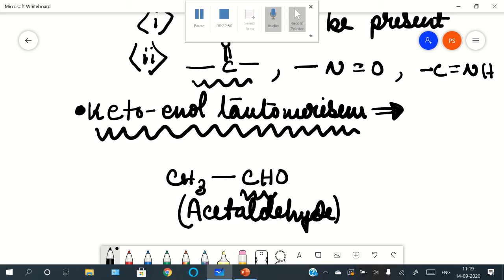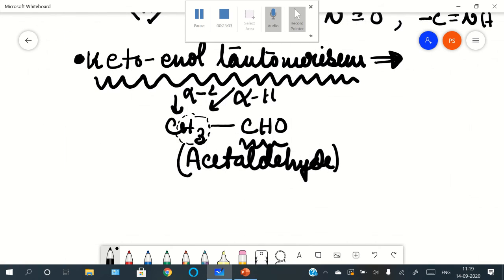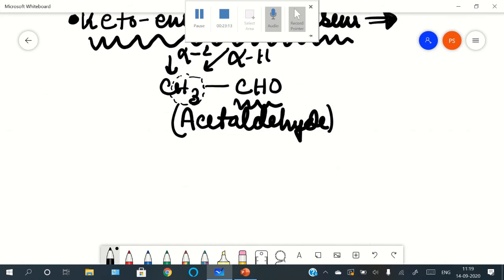This is the aldehyde functional group, and this carbon is the alpha carbon, and these three hydrogens are alpha hydrogens. So there is a presence of alpha hydrogen in acetaldehyde. Therefore, this acetaldehyde does undergo tautomerism. How?